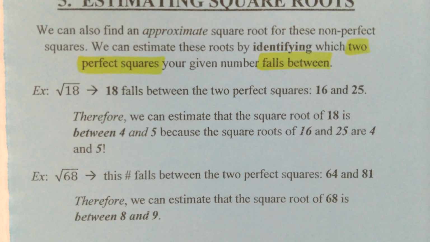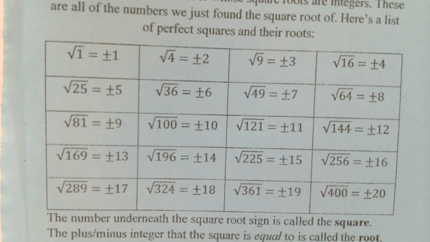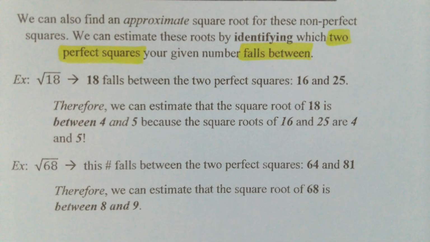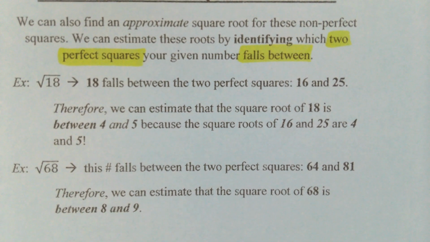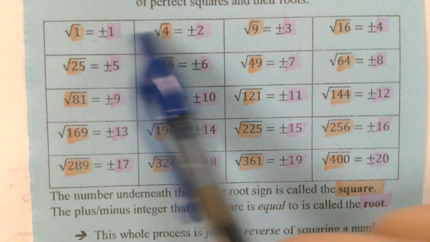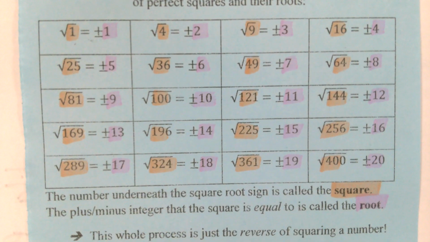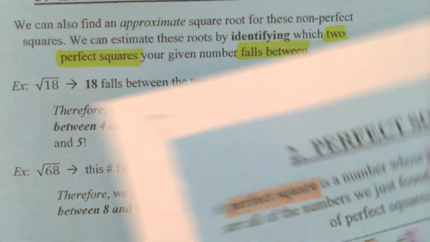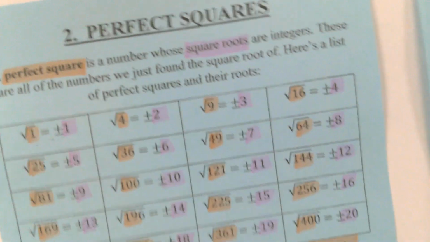What we're going to do is we need to find the 2 perfect squares on either side of 18. What I mean by that is on the number line, right? So if we look back at our chart, actually let me get my actual chart from yesterday. So we're looking at all the orange numbers here, perfect squares, looking for whatever numbers are going to be on the left and the right of 18.